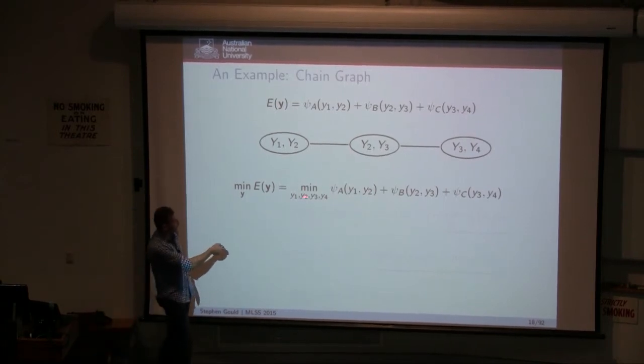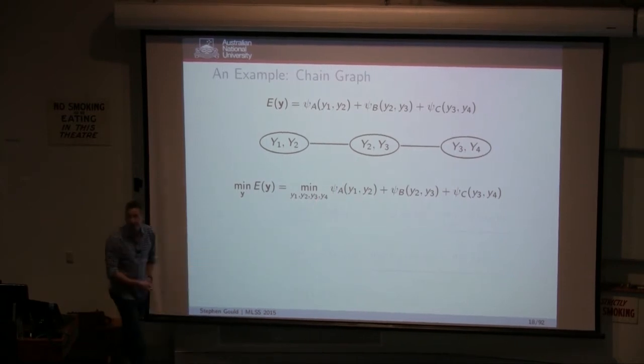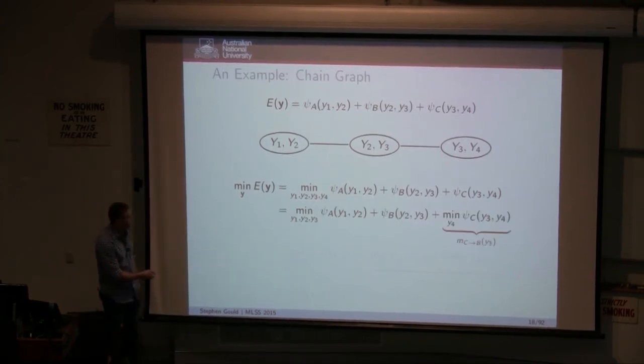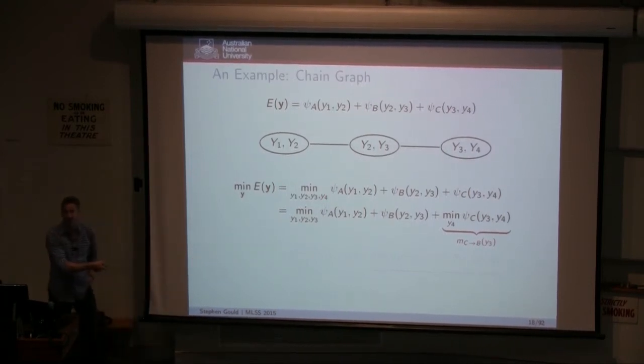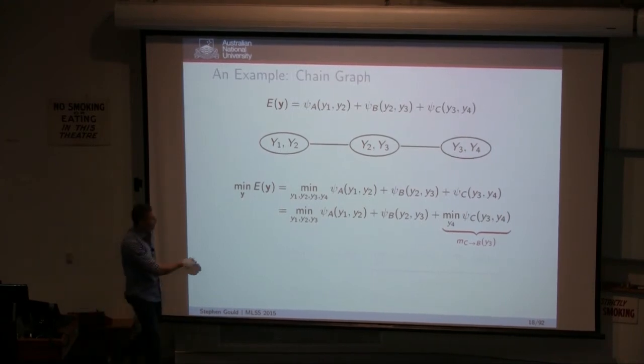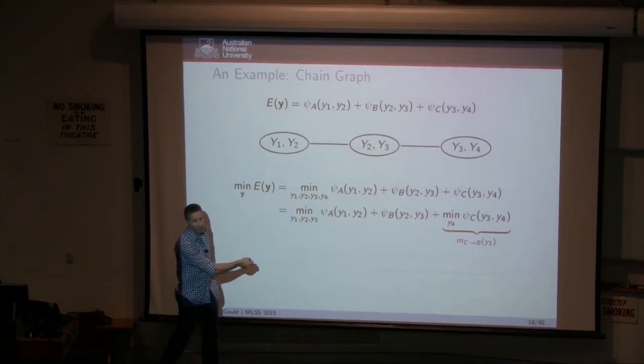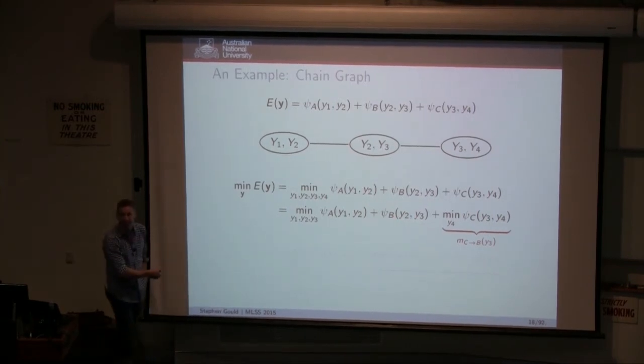So I can write that out this way. I want to minimize over y1, y2, y3, and y4 of this sum here, right? Now, notice that y4 only appears in the last term of the summation. So what I can do is push the minimization over y4 all the way to the end of the sum.